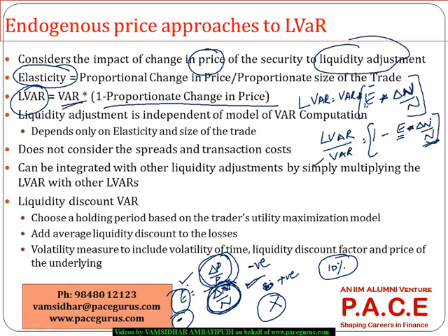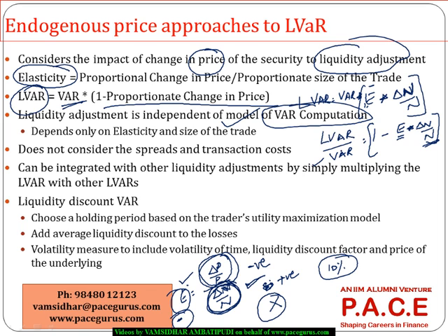With these two inputs itself, we are able to compute the LVAR to VAR ratio. The good thing is LVAR to VAR does not depend on the VAR computation model. It is purely independent of whatever mechanism you are using for your VAR.